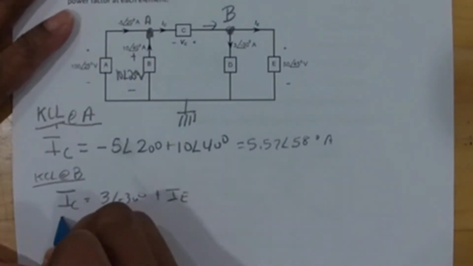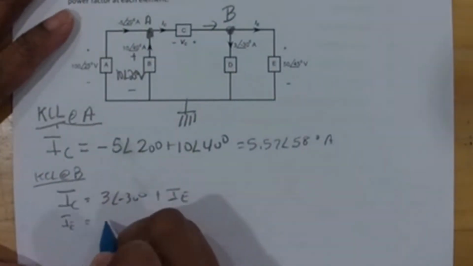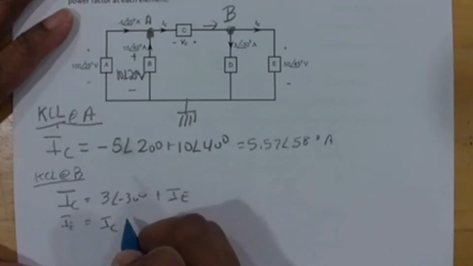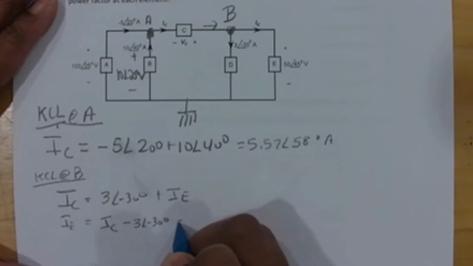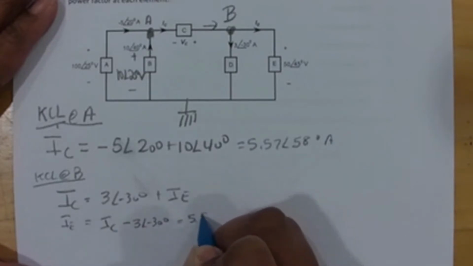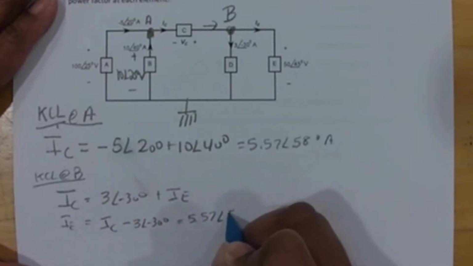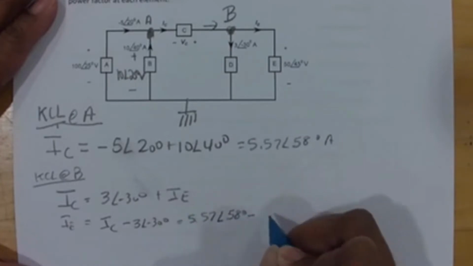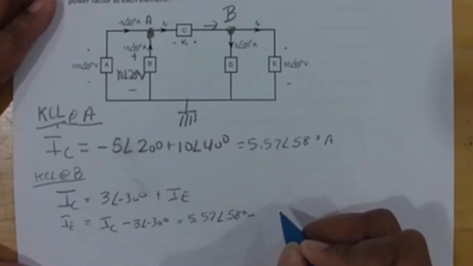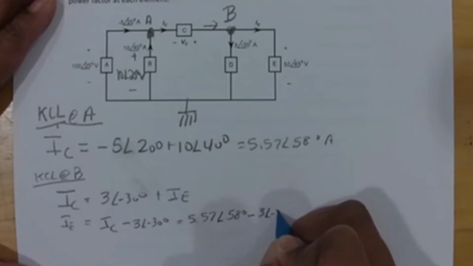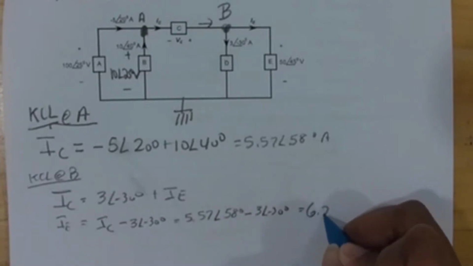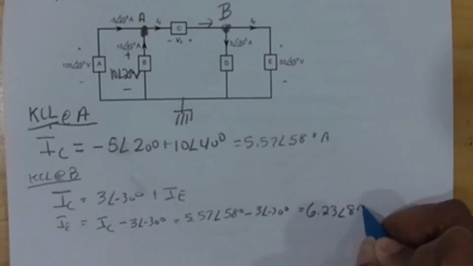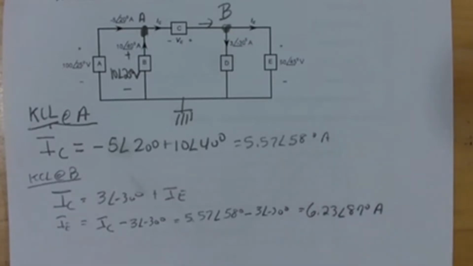So IE equals IC minus 3 angle -30 degrees, or 5.57 angle of 58 degrees minus 3 with an angle of -30 degrees. 6.23 with an angle of 8. I got 87. It's probably just a little bit of rounding though. 6.23 with an angle of 87 degrees.